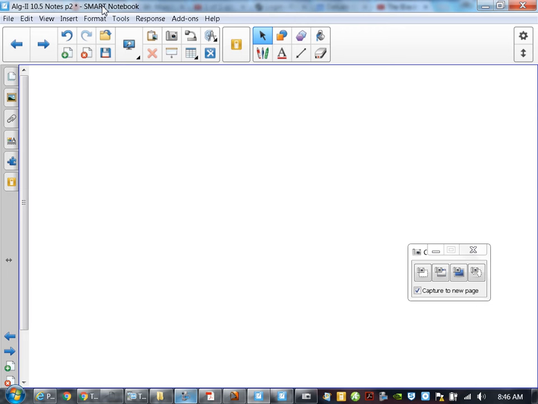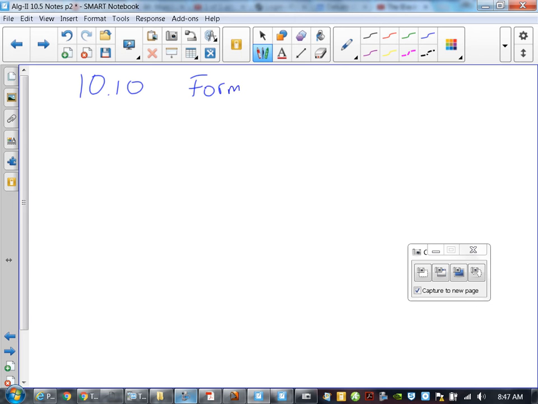So you want to start? Deal. I don't know. Let me see. What should I name this formula? Sure. Formulas for shifted stuff. 10.10. There's page. So we'll call this 10.10 formulas for shifty stuff.